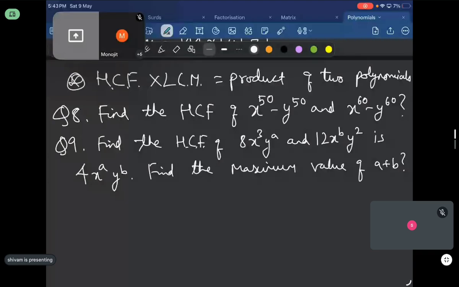Will the first word of question number 9 be "if"? Yes. Question number 10.